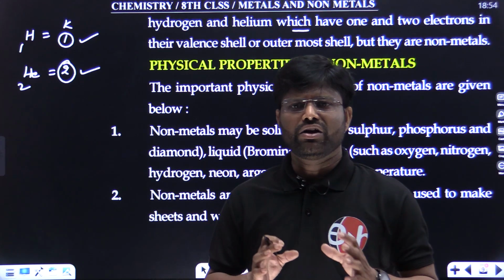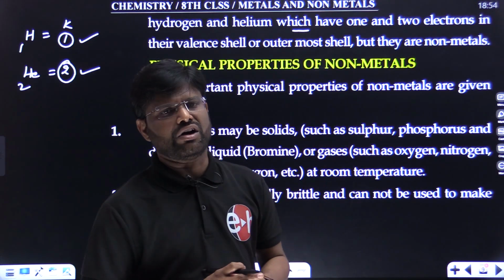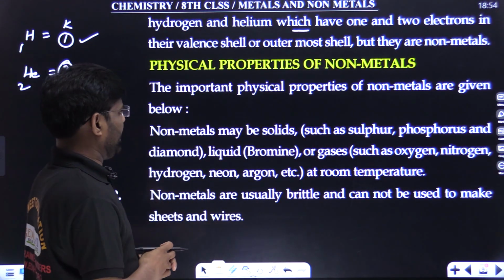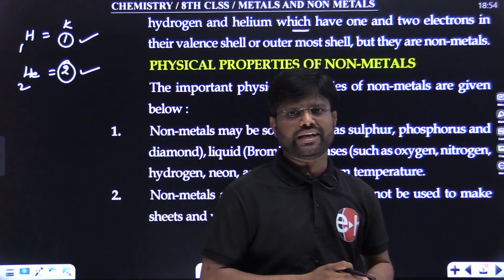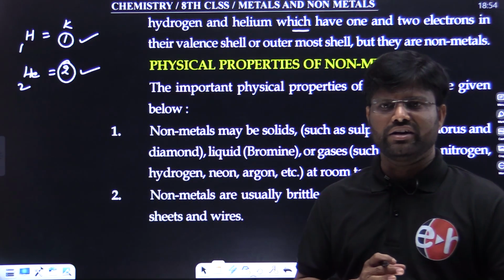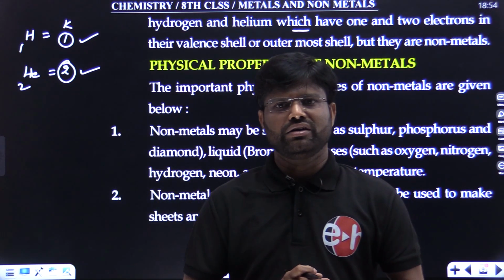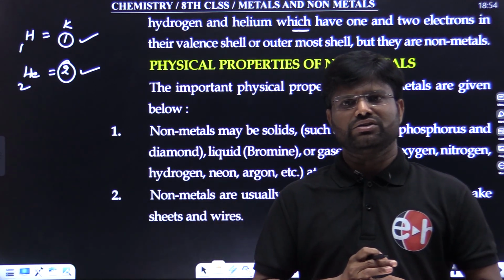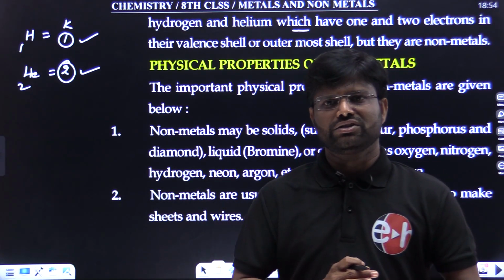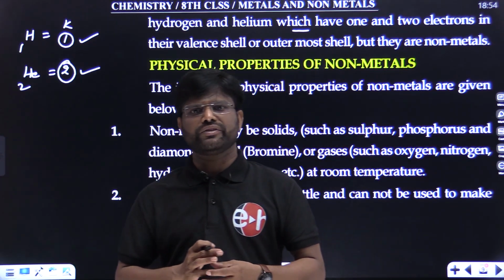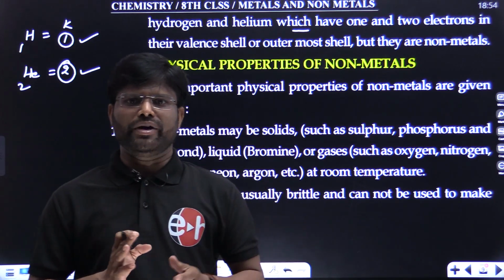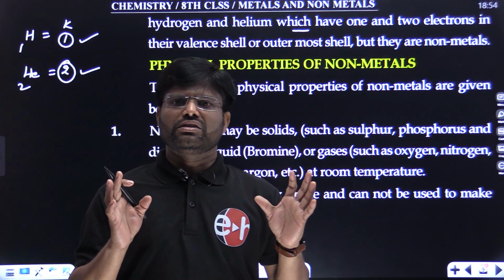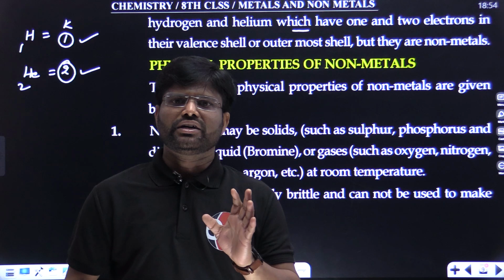Most of the non-metals are soft in nature except diamond. Diamond is very hard. Diamond is made up of carbon. Carbon is a non-metal, so diamond is hard in nature. This is an exceptional case.